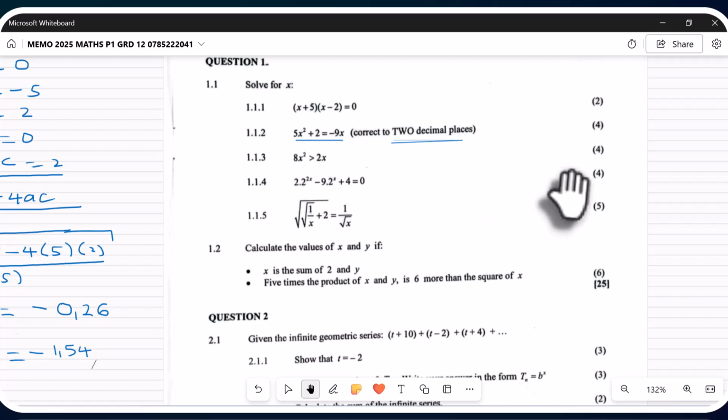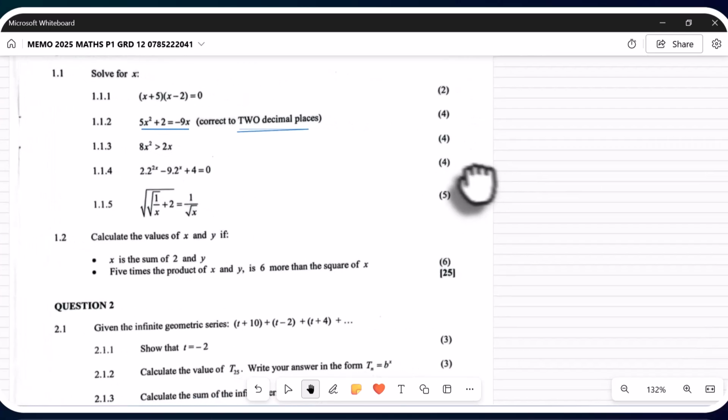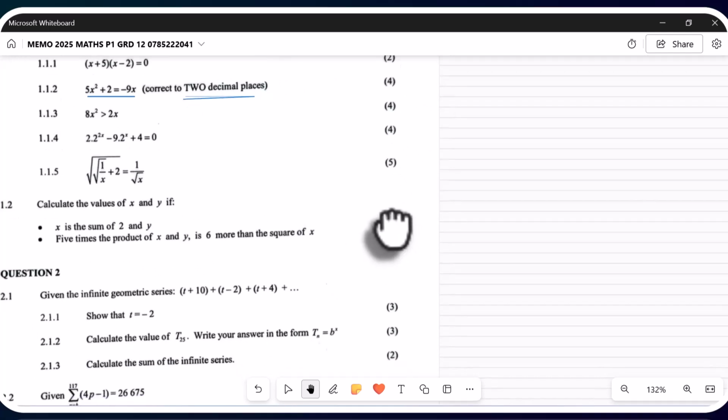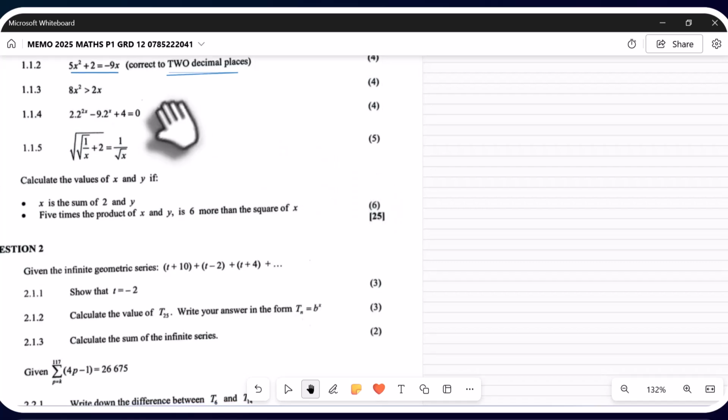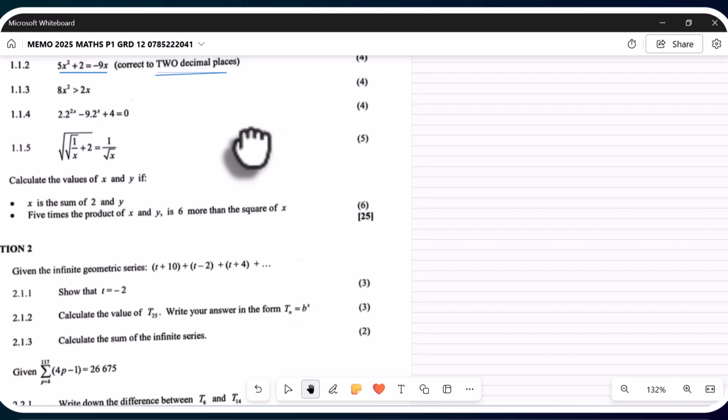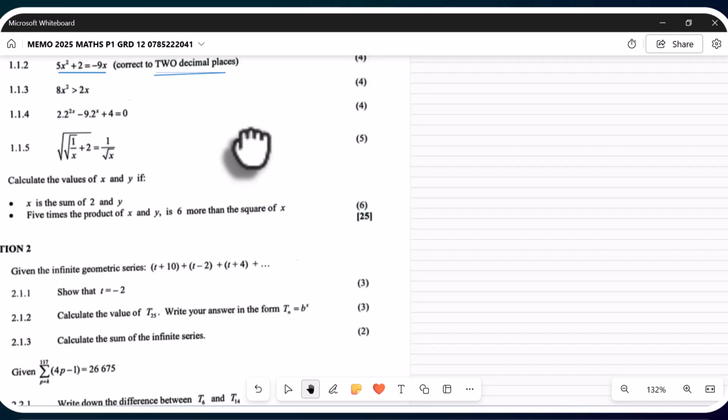Alright, so here we have 8x squared greater than 2x, okay? That is 1.1.3. So here, now this is an inequality, that is 8x squared, okay?